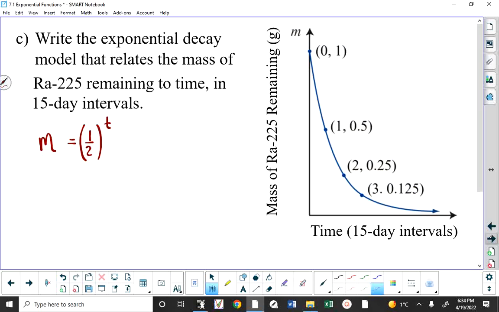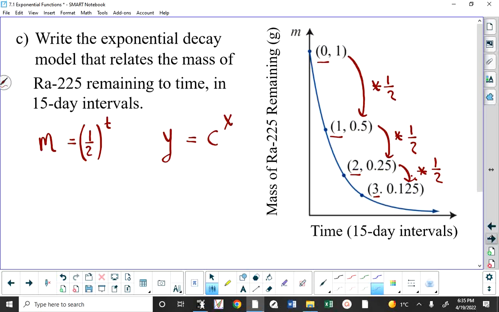As x is going up by 1, you go from 0 to 1 to 2 to 3, y is being multiplied by a half. And the thing that you multiply y by is the base in y equals c to the x. So that's why we have m equals 1/2 to the t. By the way, there's nothing wrong with you writing m equals 0.5 to the t.